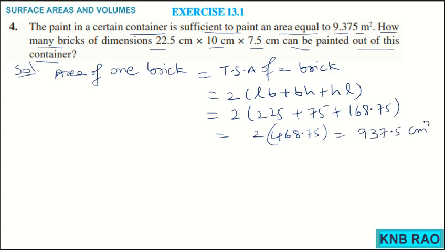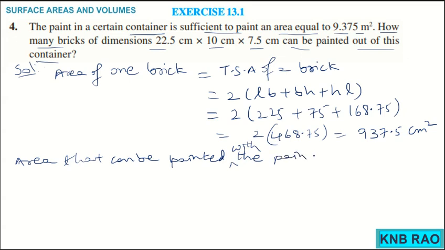Now, when it comes to the area that can be painted with the paint available in a container, which means with the paint available in one container, how much area can be painted?